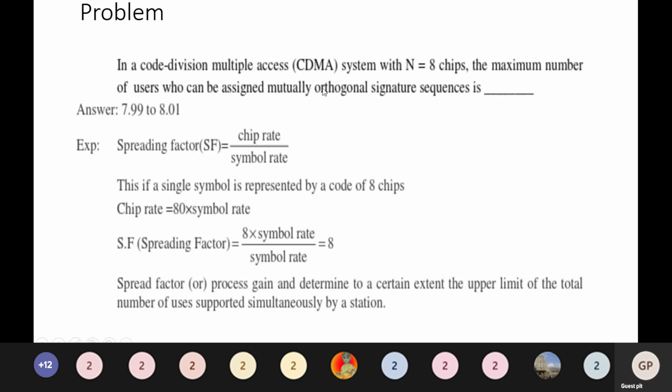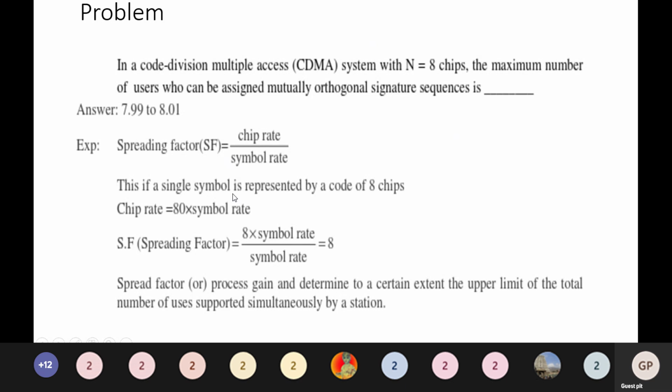The important thing in a CDMA system is that the information bits are represented by the bit duration or the symbol period, whereas the spreader sequence is represented by the chip rate. So the spreading factor SF is chip rate divided by symbol rate.